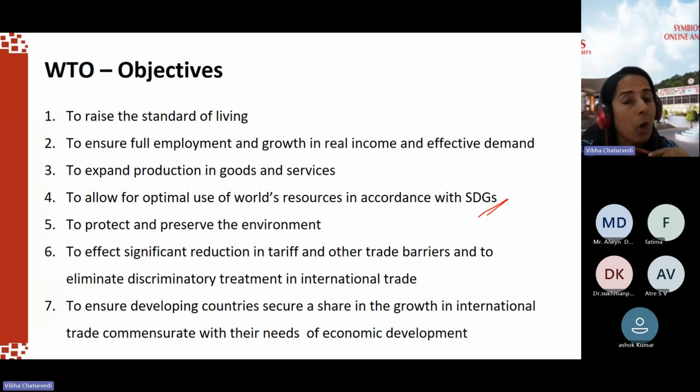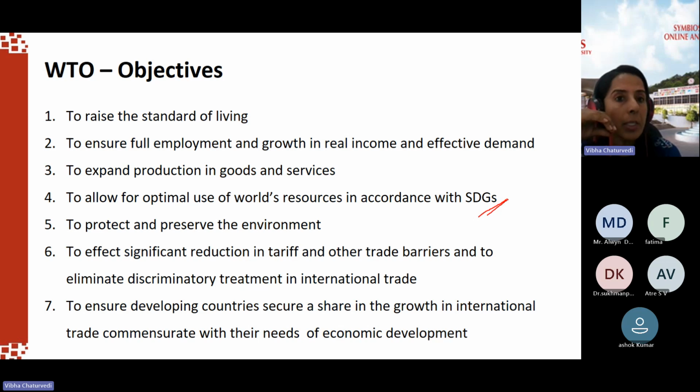Although most of the time this is flouted because these big multinational corporations enter countries like India, where the environmental laws are very, very relaxed, and they exploit the resources in a manner that a lot of ecological imbalance and environmental degradation is caused.